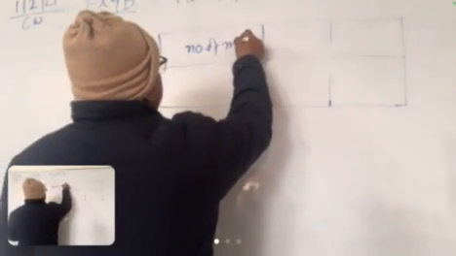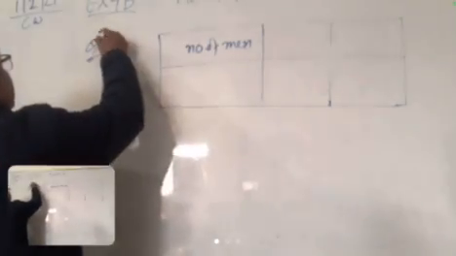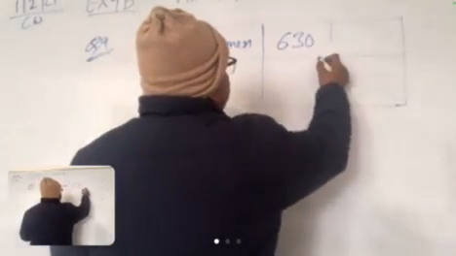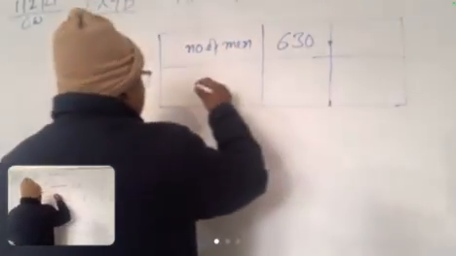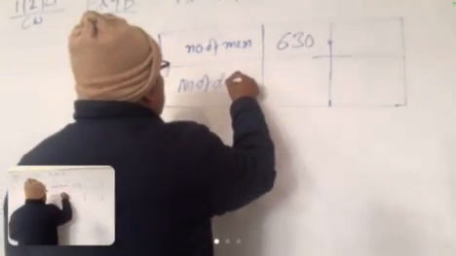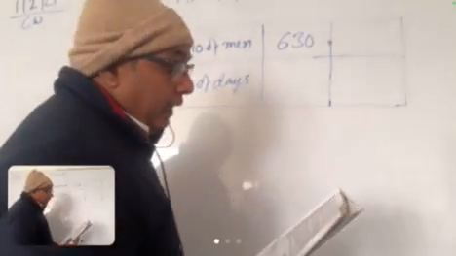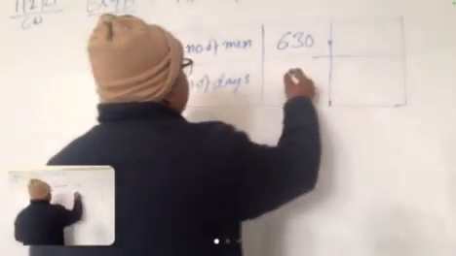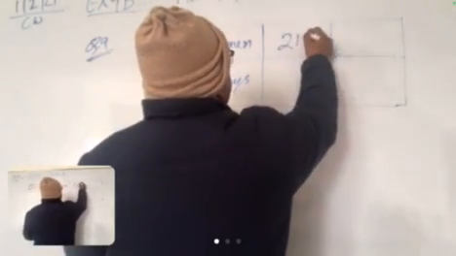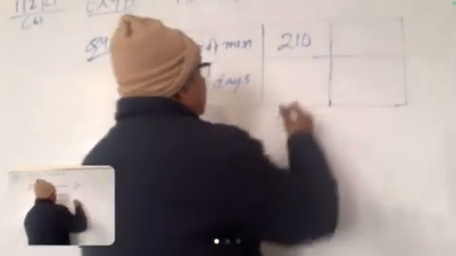Number of men in question number 9. See, the number of men is 630 and number of days means a contractor employed 210 men to build a house in 60 days.